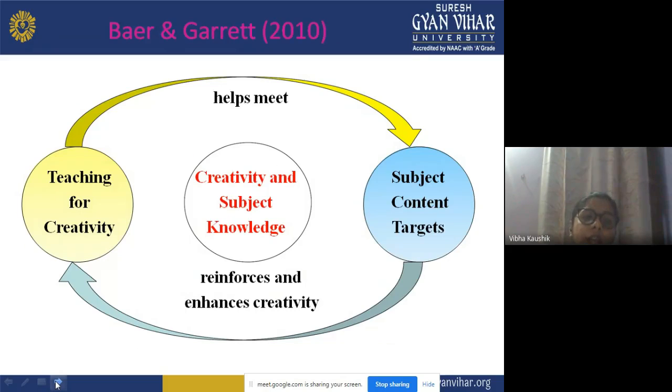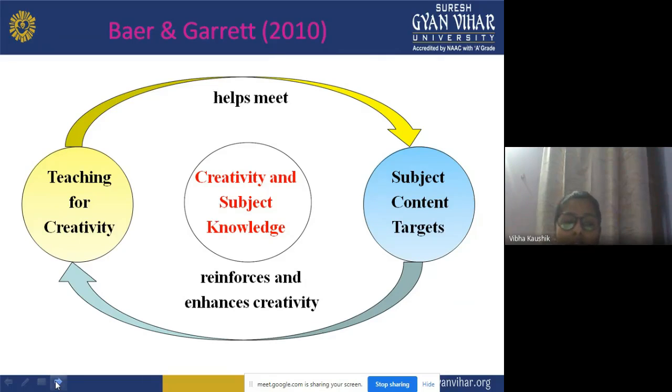Now, the next is the definition, or you can say the explanation, given by Barron and Garrett in 2010 about creative thinking. Now, what are they saying? Creativity and subject knowledge: you want to develop creativity as well as the other important thing, that the student has knowledge of the subject. It reinforces and enhances creativity. Teaching for creativity develops when the teacher is not in the focus area, the student is in the focus area.